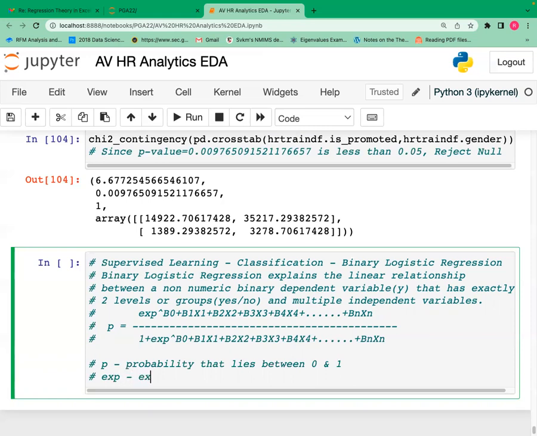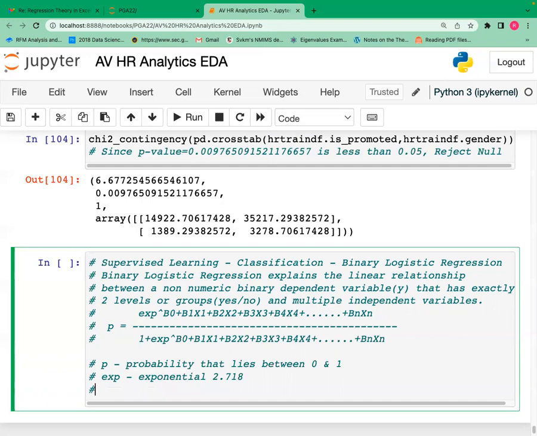exp is nothing but exponential. What is the value of exponential? 2.718 to the power of. Then b0 is the intercept or constant.